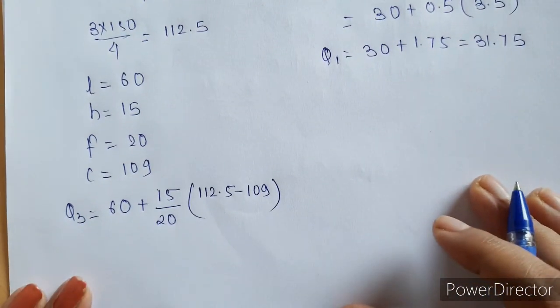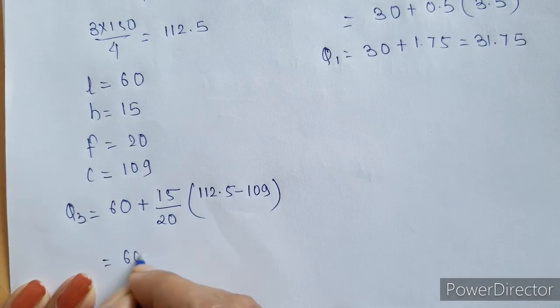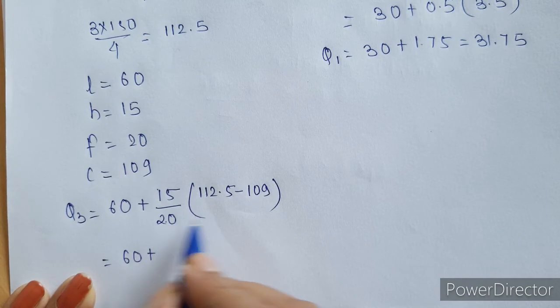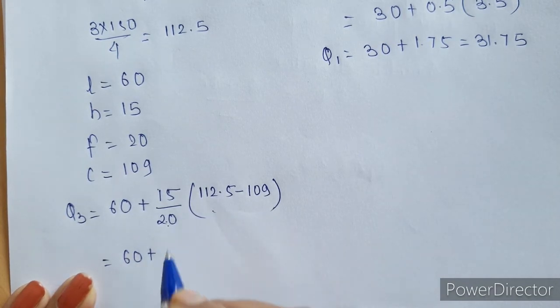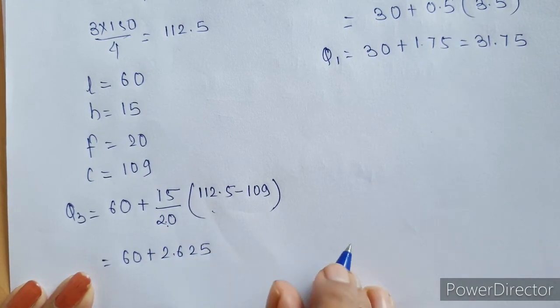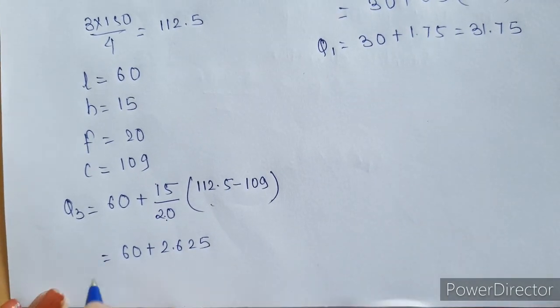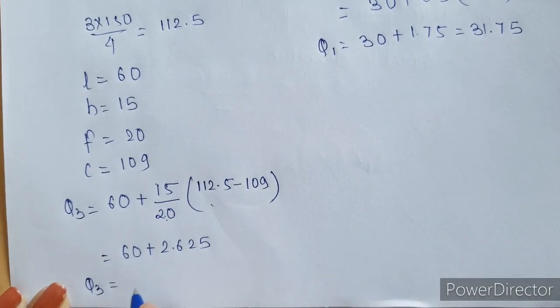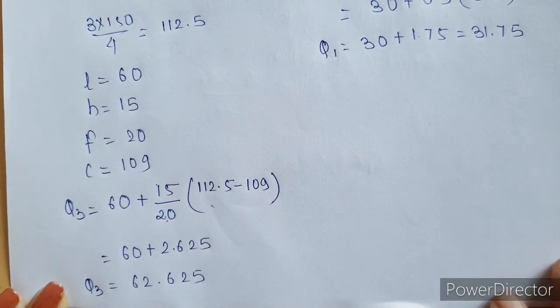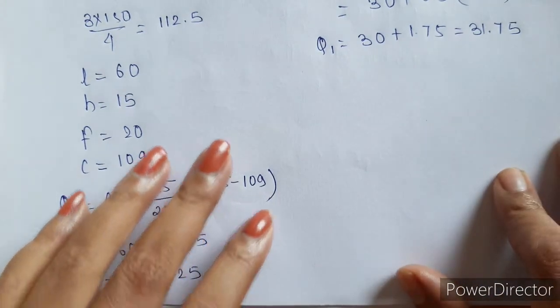We just have to simplify this again. 60 plus, after subtracting and multiplying, what you are going to get is 2.625. I am writing this directly, and the final Q3 is 62.625.